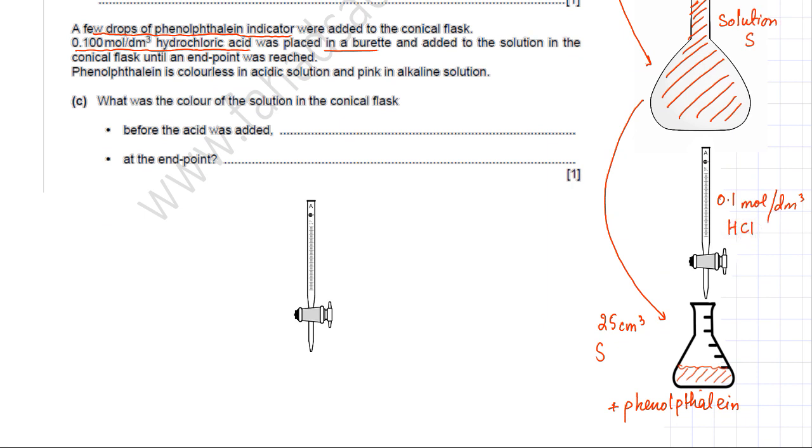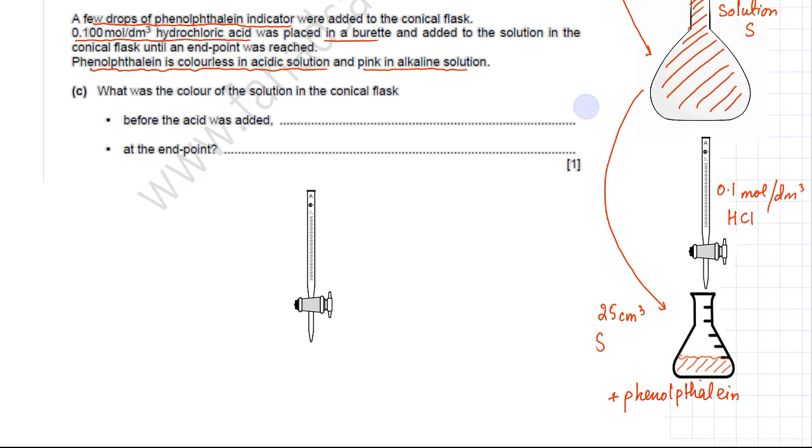This HCl is being run from the burette and reacted with 25 cm³ of S. He's also given us the color of phenolphthalein: it's colorless in acidic solution and pink in alkaline solution.